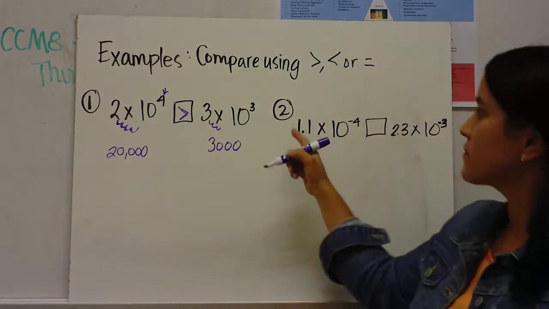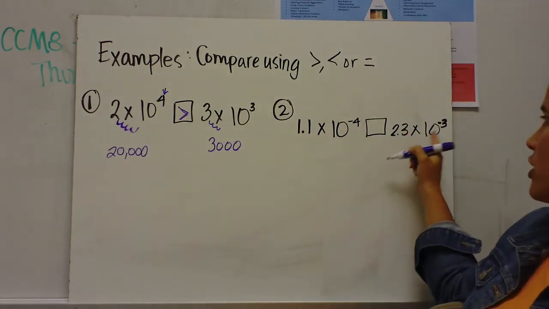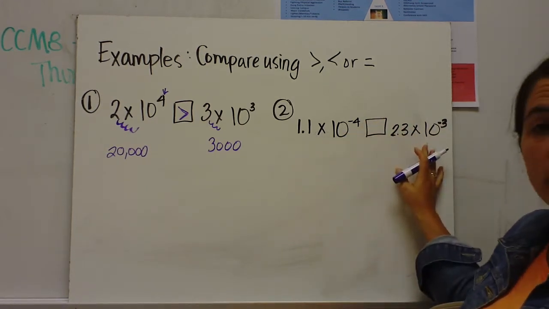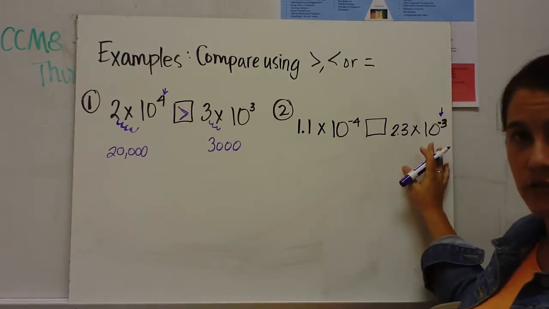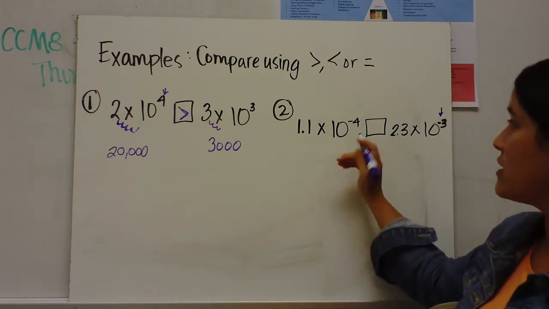Number 2. 1.1 times 10 to the negative 4 and 2.3 times 10 to the negative 3rd. When I'm comparing, they're both in scientific notation, so I look at my exponents. This one is larger, so I think this one's bigger, so let me show you how to put it in standard form.